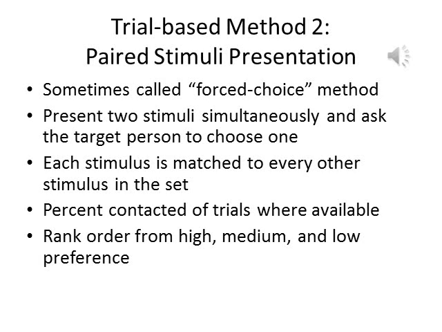Each stimulus in a set is matched with every other one in a separate trial. And then the percent of trials where an item is available that the item is actually contacted or chosen is the measure of preference. And you can rank order that way from high, medium, and low. If you have 6 items, usually I think that 6 or 7 items would take 20 or more trials, so that every item was paired with every other item.